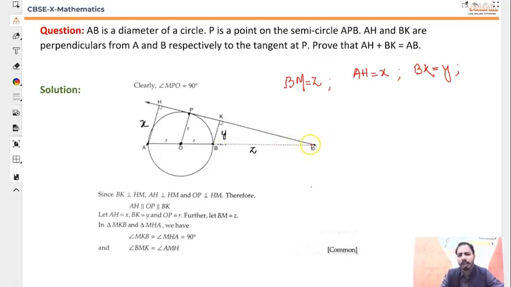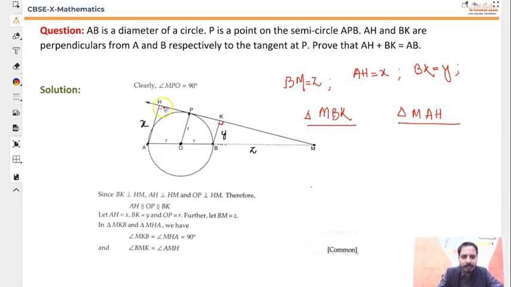What I'll do is, first of all, let me take triangle MBK and triangle MAH. So now what is the relation between these two? See, this is also a right angle triangle. This is also a right angle triangle.